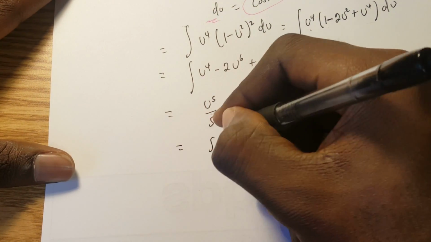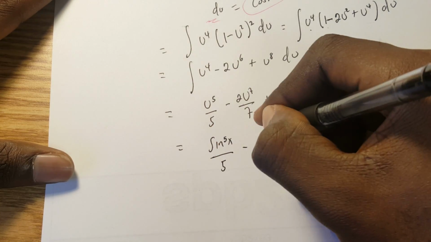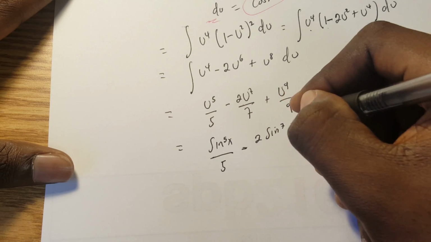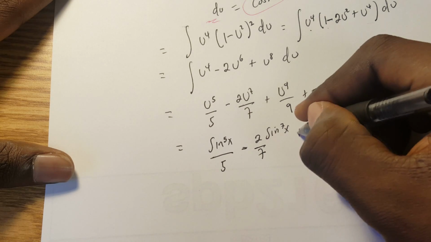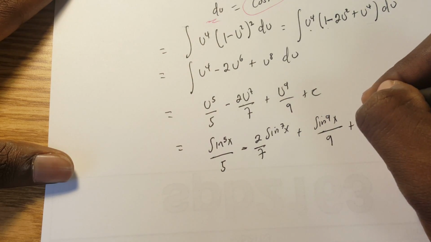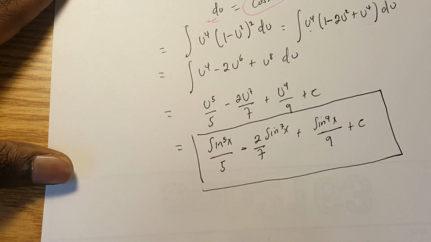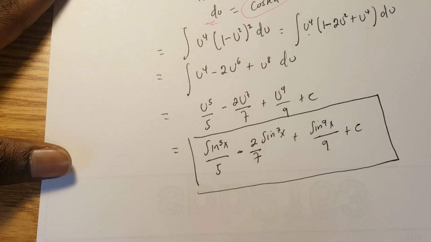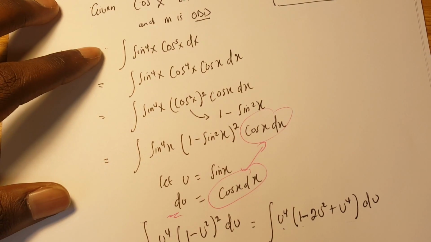So we have sine to the 5x divided by 5 minus 2 sine to the 7x divided by 7 plus sine to the 9x divided by 9 plus c. So boom, we solved the problem, and we've integrated that question we were given.